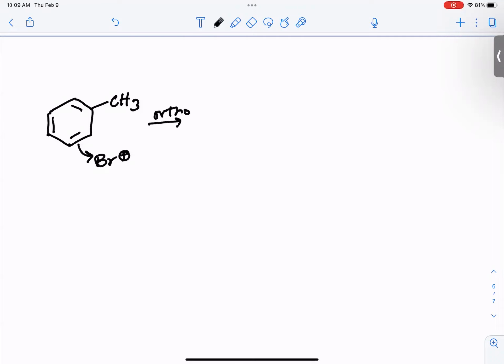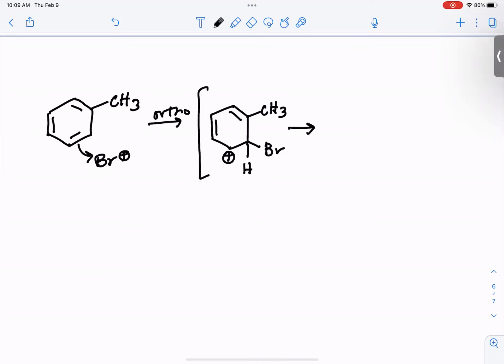And I told you, you just really need to know it from this point where you have the electrophile. If the bromine is adding ortho, it's adding adjacent. Remember there is a hydrogen on that carbon. That becomes electron deficient. Now let's delocalize this charge around the ring.